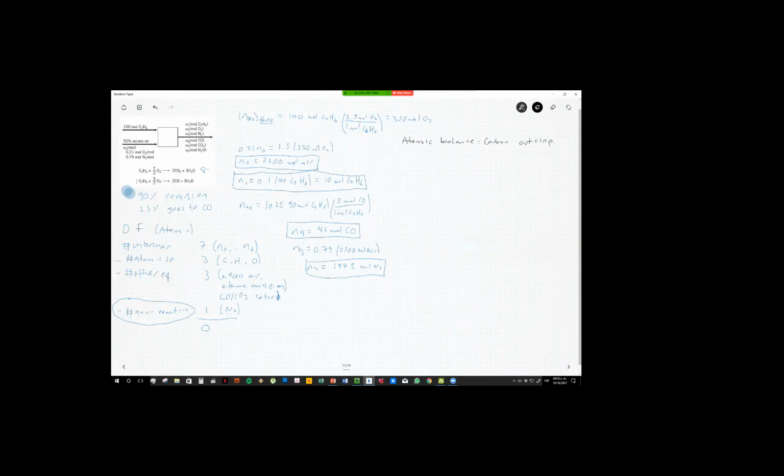Here we have the 100 moles of ethane, C2H6, and we have the relation.